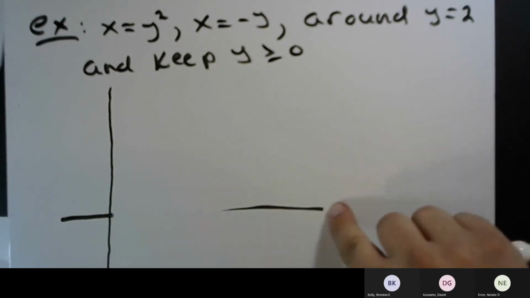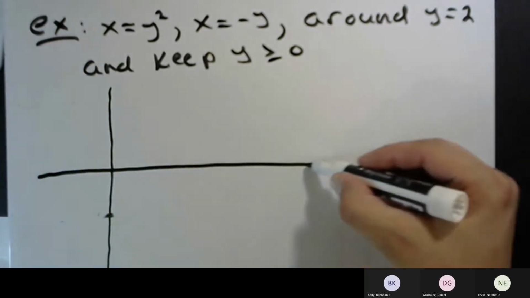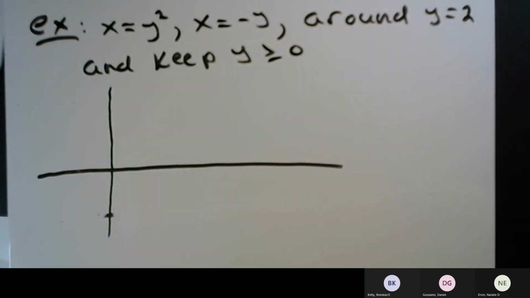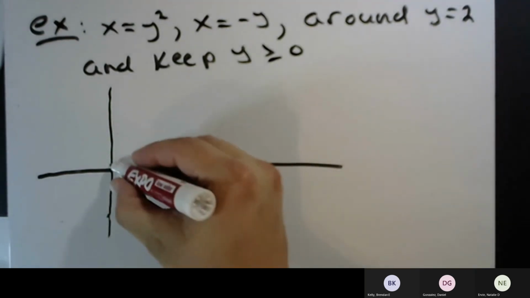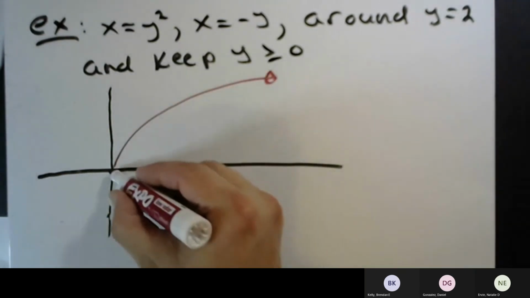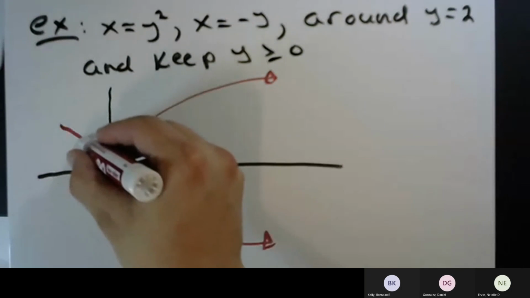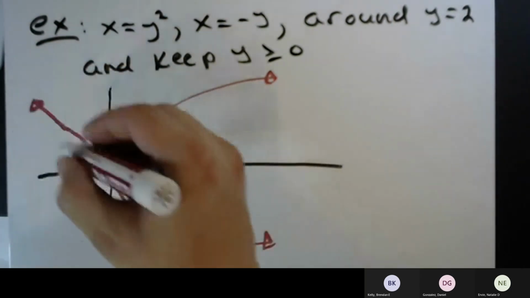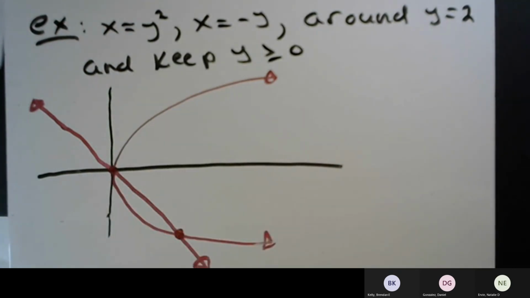Let me make a little bit of changes. We're going to center this a little more. Points of intersection there.